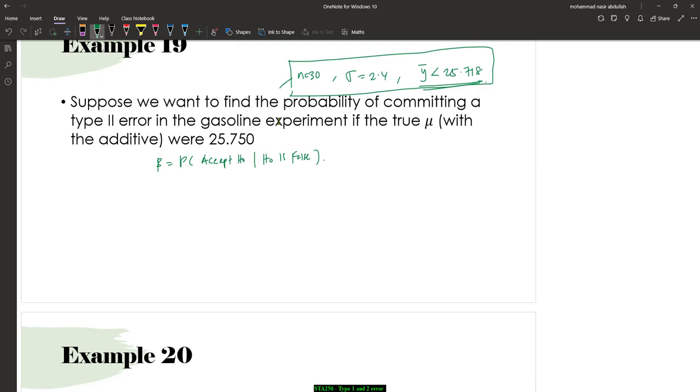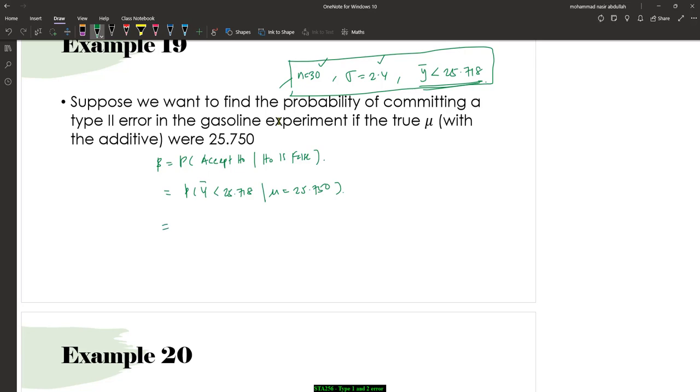Right? Right. So now, this one should be probability of y bar less than 25.718 given that mu is equal to 25.750, right? So we know the population standard deviation is 2.4 and n equal to 30.